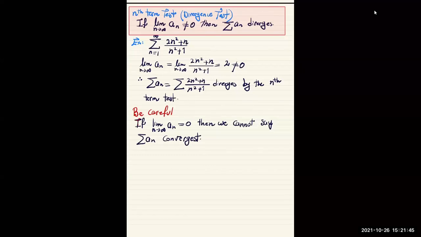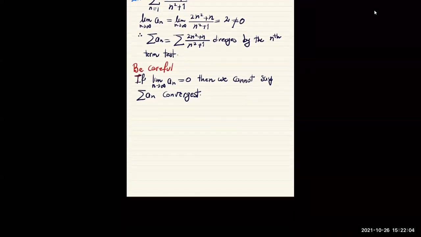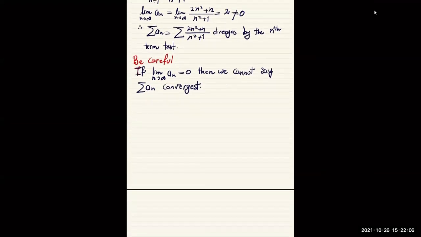Negating the hypothesis doesn't negate the conclusion, guys. If A, then B, we cannot say not A, not B. Just think about it. And I can show you an example of why this is not true.